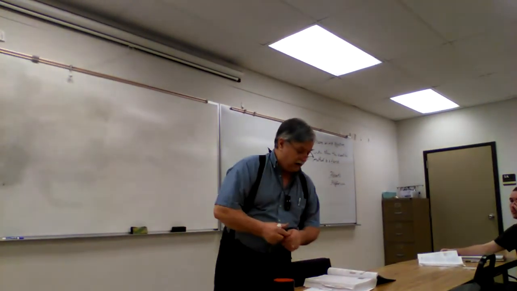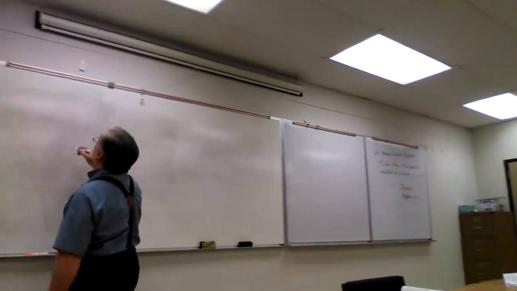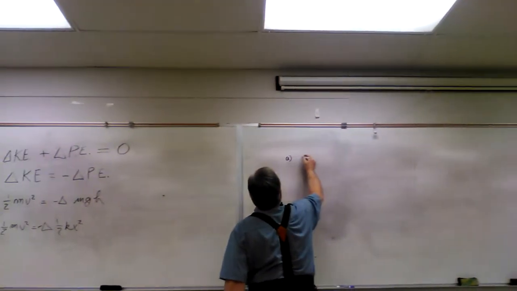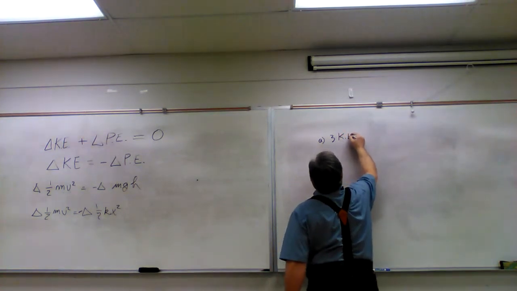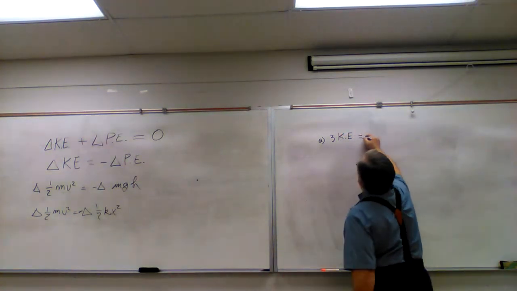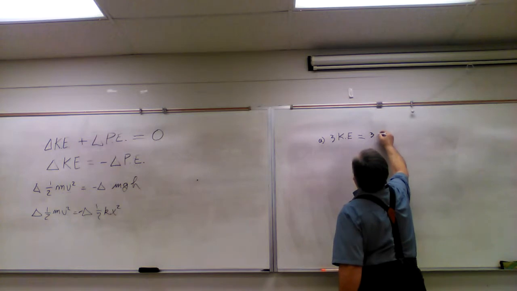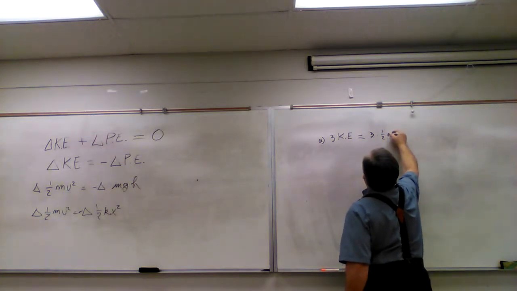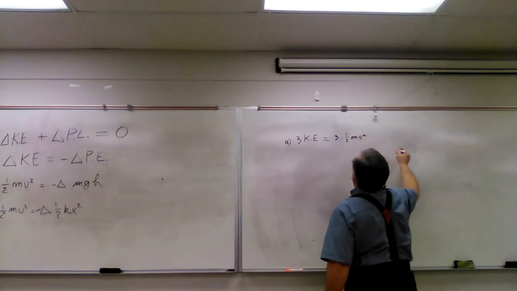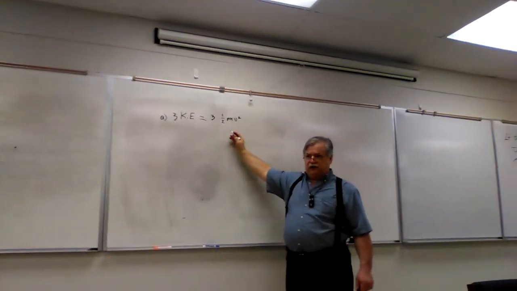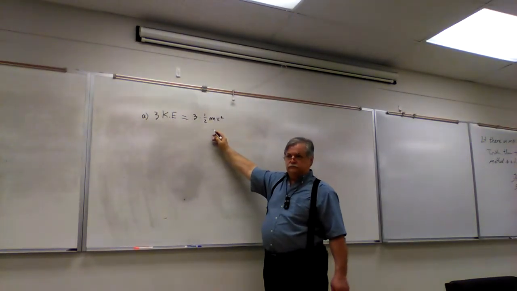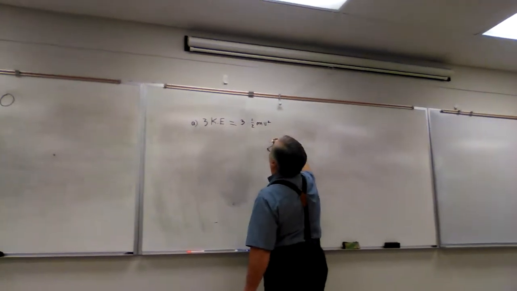And that's A. Okay. So we got A. 3 times the kinetic energy equals 3 times 1/2 mv squared. So they're asking by what factor has the velocity increased. So we solve for velocity.